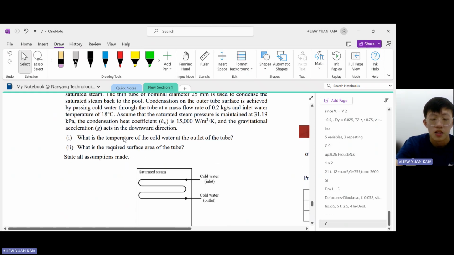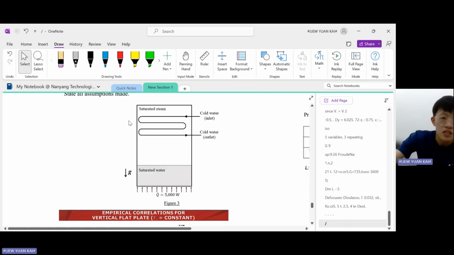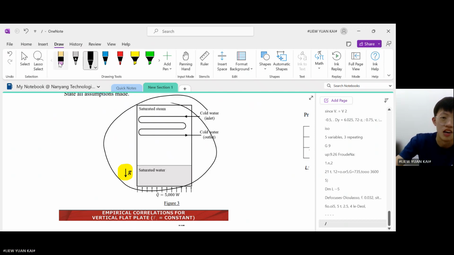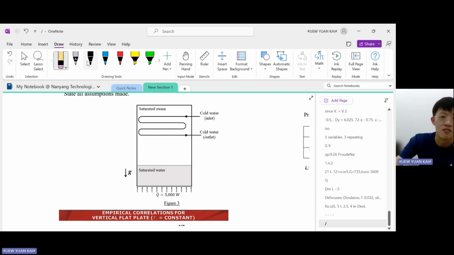Okay, so why did they specify the g to be downwards? I think this is peculiar to a lot of us. The reason is that some people might interpret this to be the top view of a heat exchanger. Common sense will tell you that this is vertical and gravity is pointing downwards.